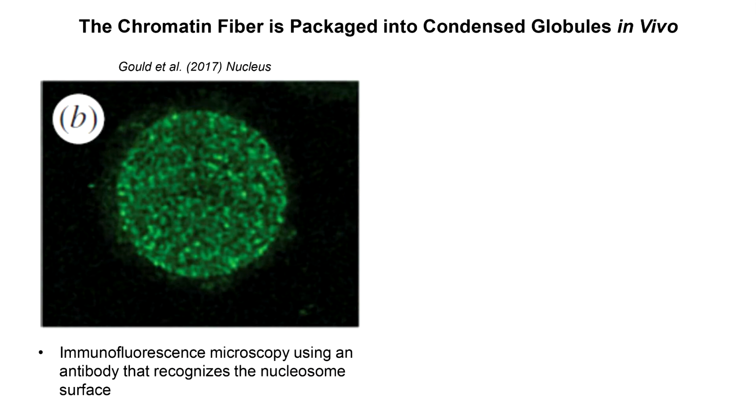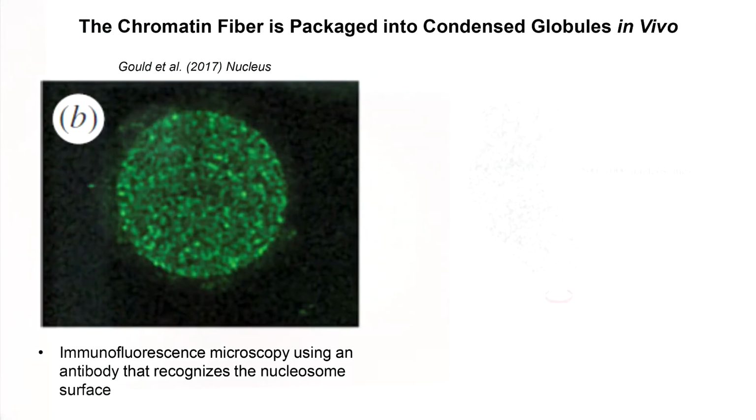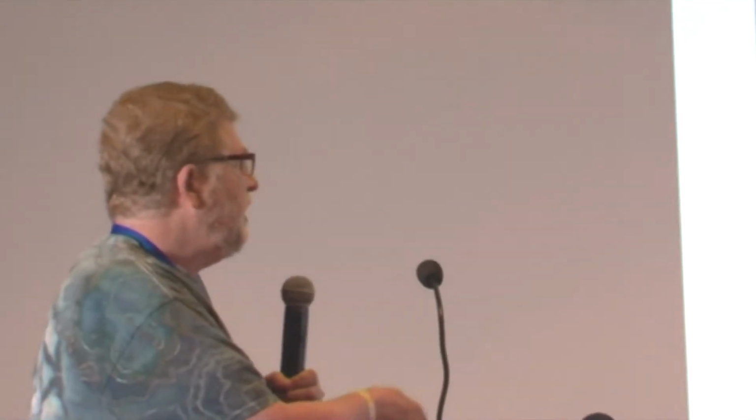This is work from the Olins and Olins lab that was published a couple years ago. This is immunofluorescence microscopy using an antibody that recognizes a domain on the surface of the nucleosome. You see this punctate pattern staining where histones are in the nucleus.